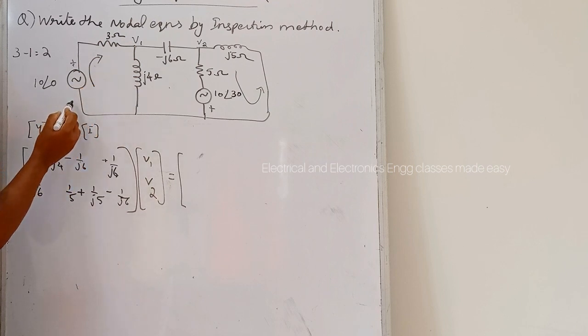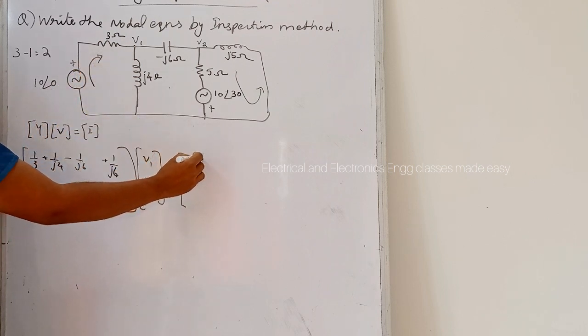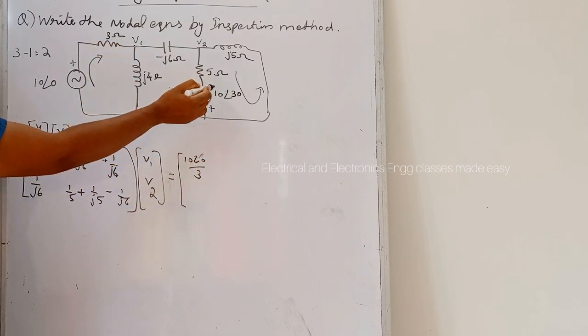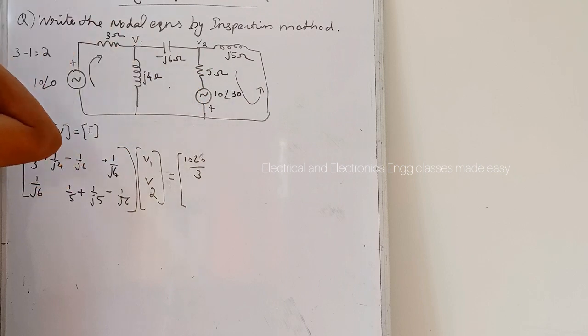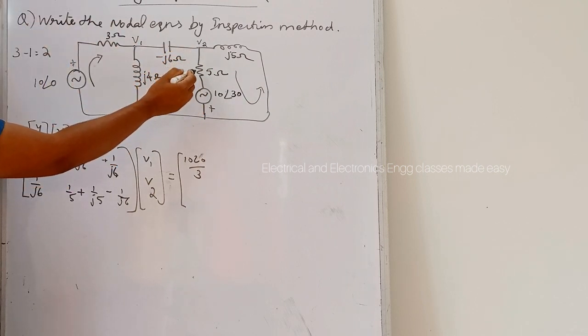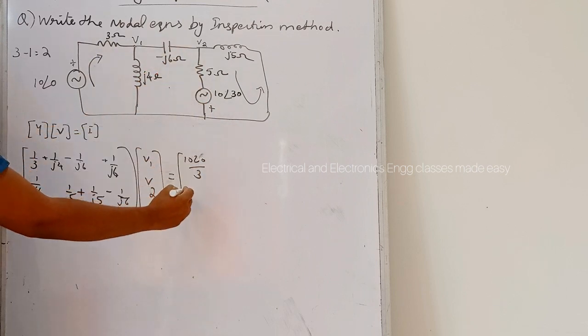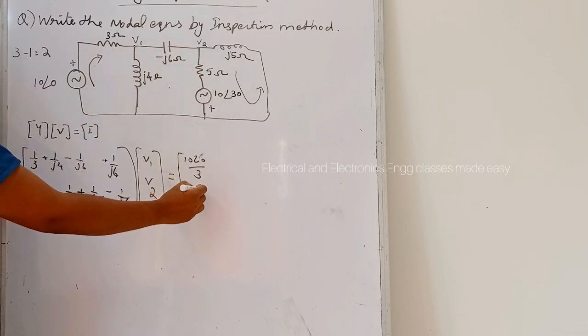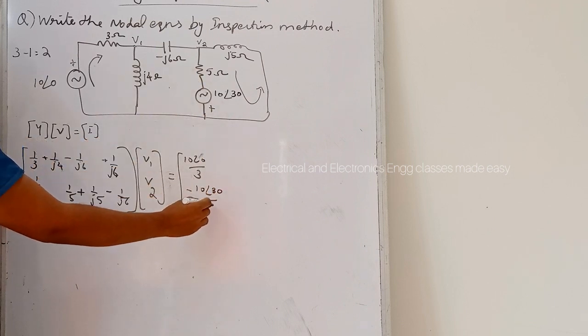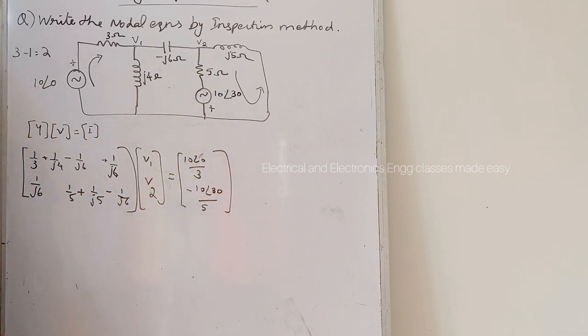So it is positive and the value is 10 angle 0 divided by 3. Then here this current is flowing away from this node. So we can write minus 10 angle 30 divided by this 5 ohm. So this is the current matrix.